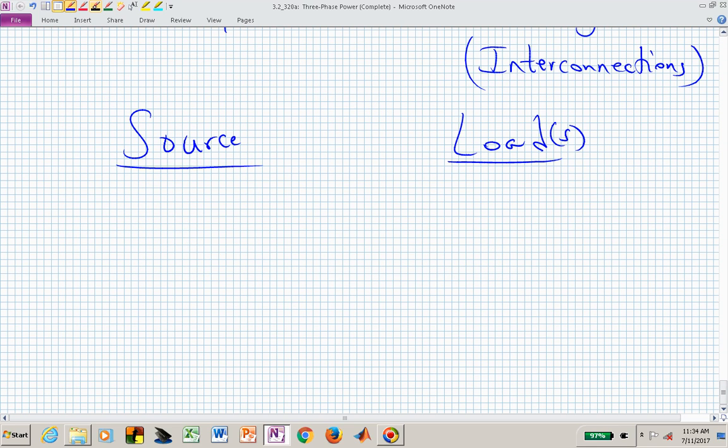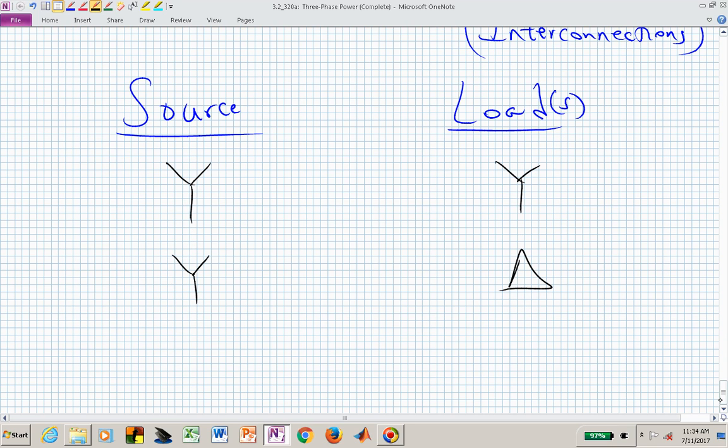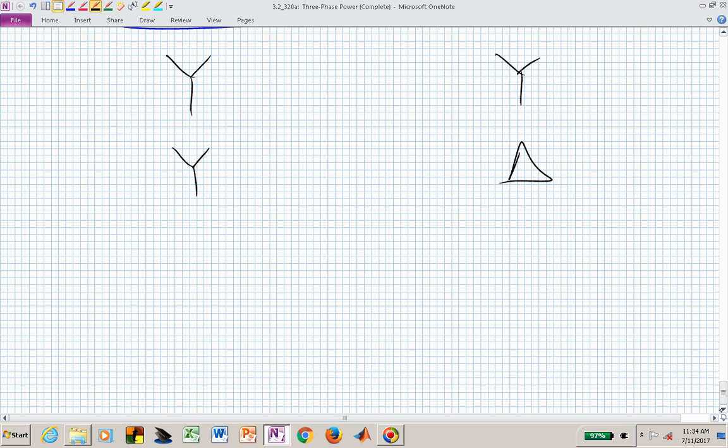then we could have, for the source, we could have a Y connection structure, and we could connect that via transmission lines to a Y connected set of loads. Or we could start with a Y source and connect that with a delta connected set of loads. And we have the other two possibilities for sources connected as deltas.